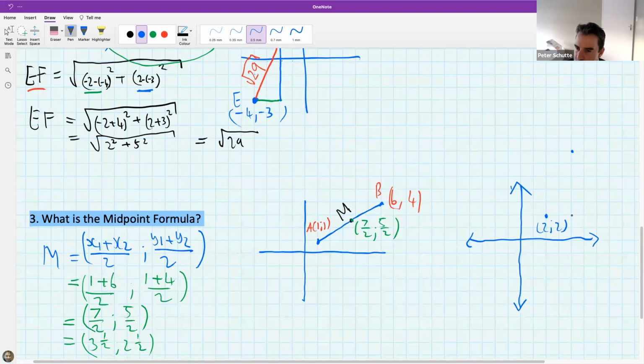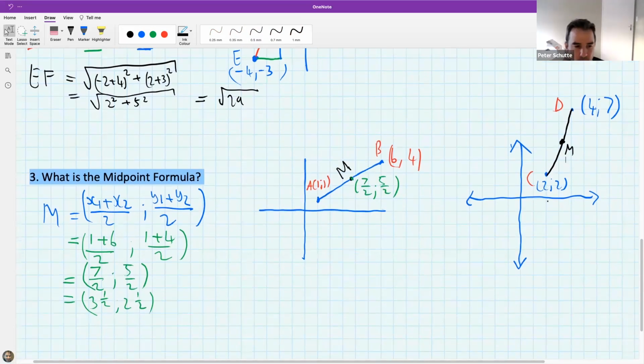And this is the point 4, 7. And I'll call this point C and this point D. I want you to work out for me what is the midpoint, I'll call the midpoint M, between C and D. And I want you to use the formula that I've just shown you, which is the midpoint formula over here.